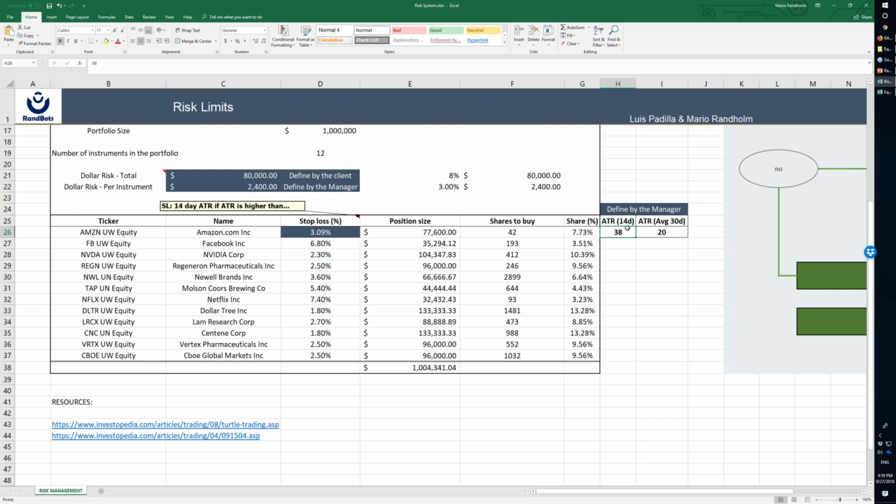When, let's say, the ATR in 14 days changes to the upside, you'll see what happened to the stop loss, right? If it goes low, you see the same thing here. If the average changes from 50 to 10, right, we increase here.